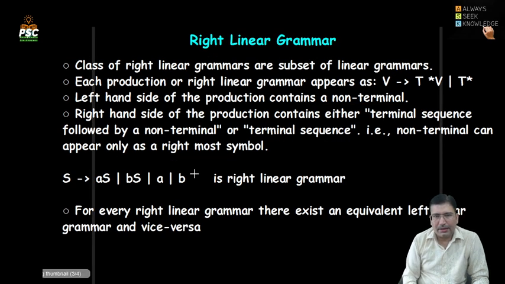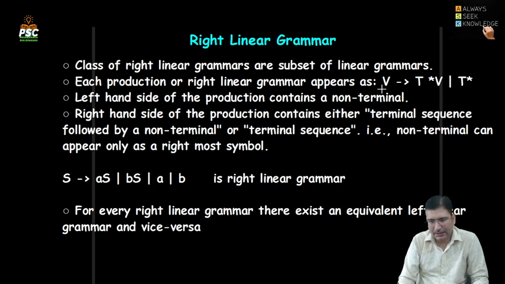Now there is right linear grammar also. It is also a class of linear grammar. In a right linear grammar, a single variable generates a terminal sequence, asterisk meaning terminal sequence, followed by a variable, or only terminals.